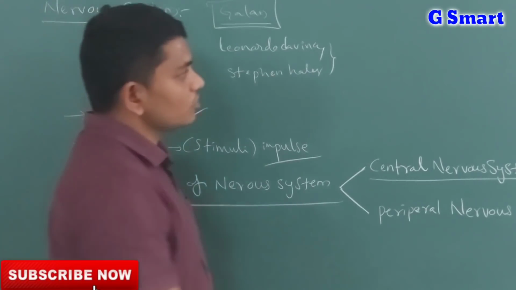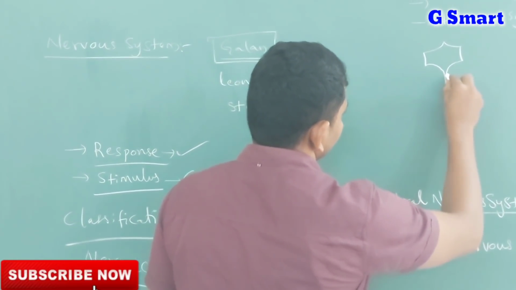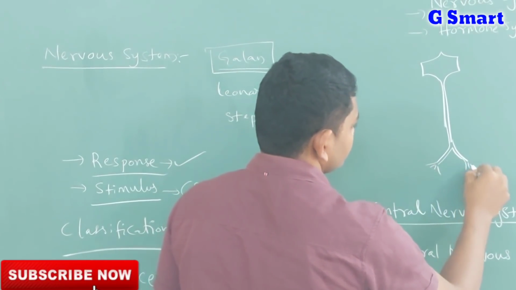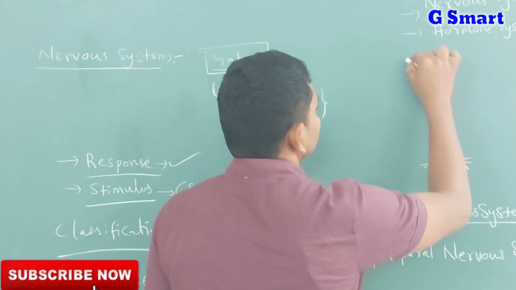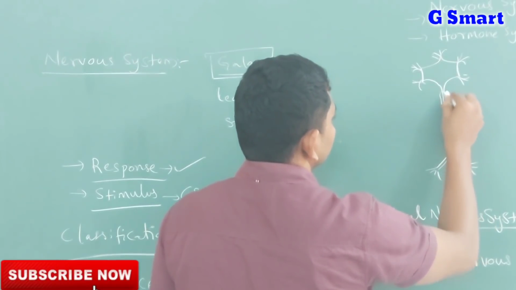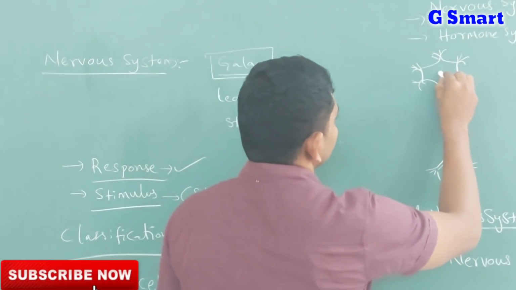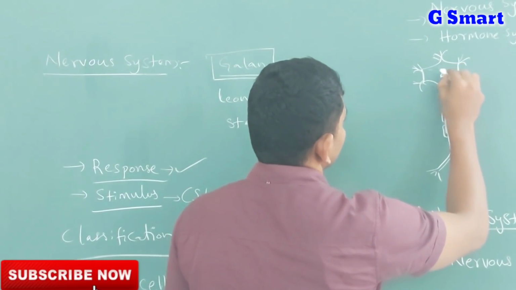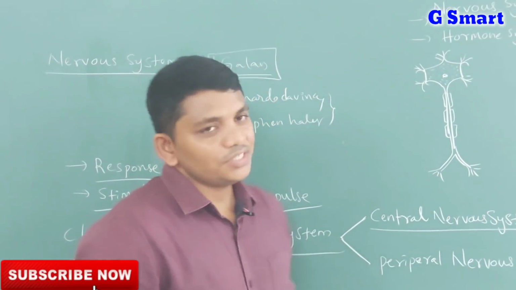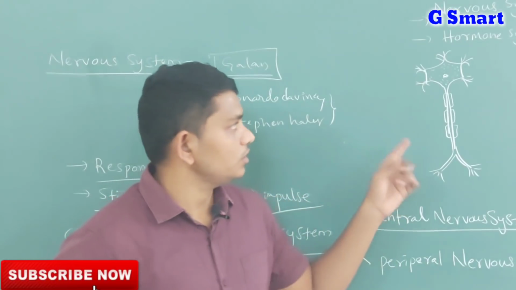I will draw here the structure of the nerve cell. This is the general structure of the nerve cell.